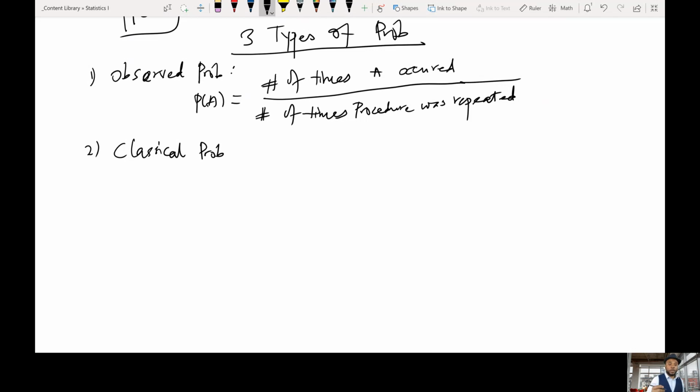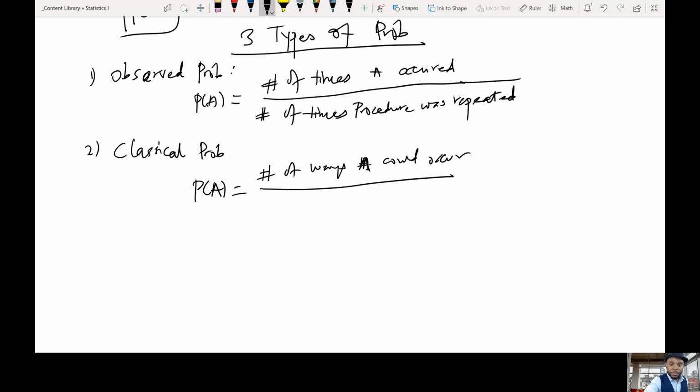So the probability of an event A is simply the number of ways A could occur divided by the number of simple events, or the sample size, or the number of outcomes.